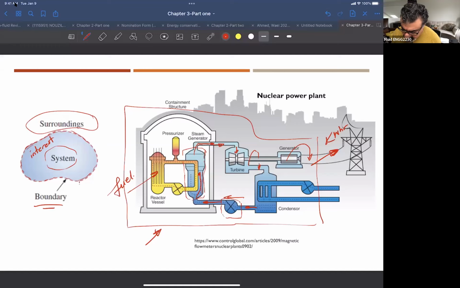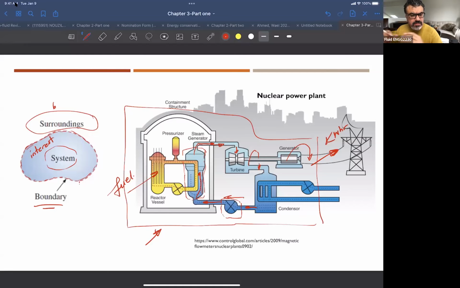Okay, so the boundary is basically what is separating your interest from the surroundings, and the surroundings could be the environment, or it could be the component just beside the one that you are selecting, the small little system that you are selecting. Okay, this is a general concept that you're going to learn in thermodynamics. But in general, the system is your domain of interest that you are looking at.